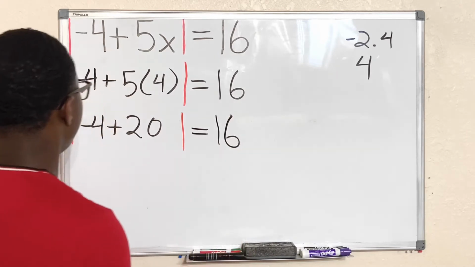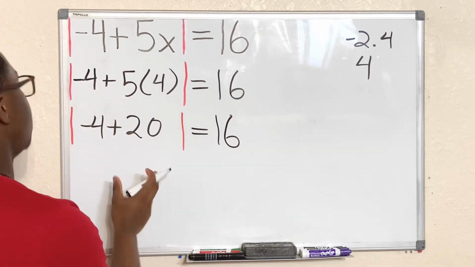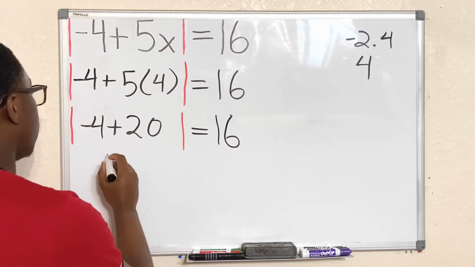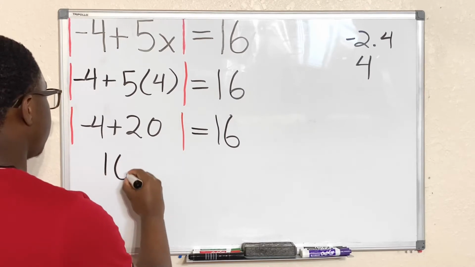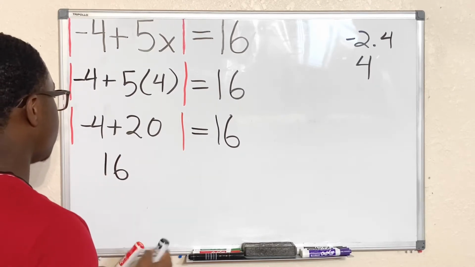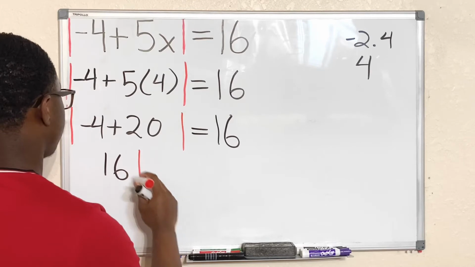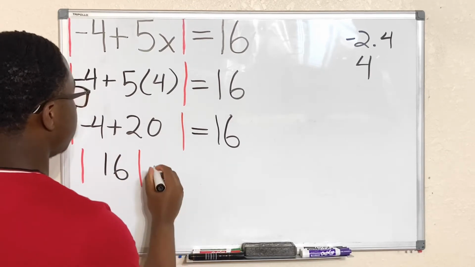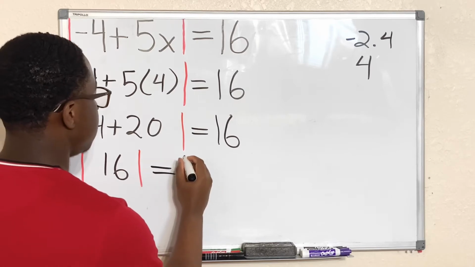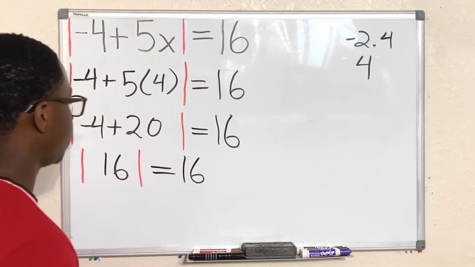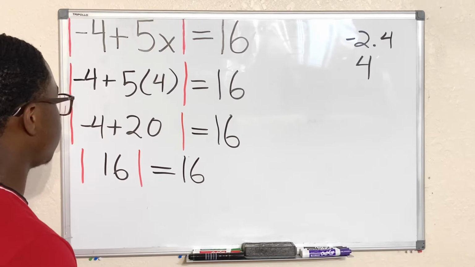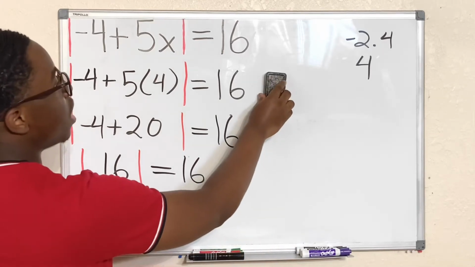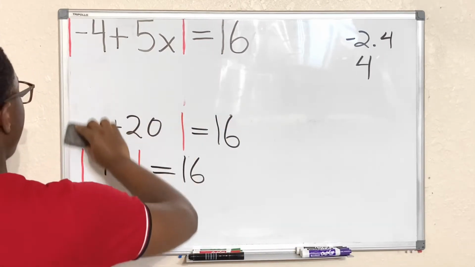Now let's go ahead and keep on solving. -4 plus 20, which is also the same as 20 minus 4, is 16. Don't forget your absolute value. The absolute value of 16 is equal to 16. So that is correct.